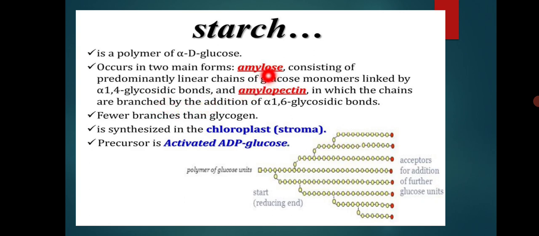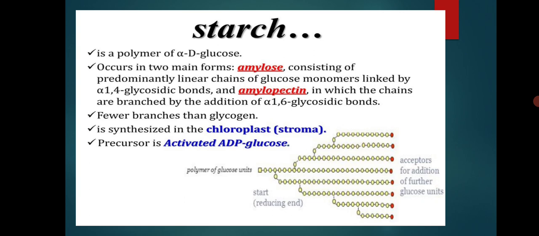तो amylose क्या है? It is the linear chain of glucose units, और वो glucose units alpha 1,4 glycosidic bond से bound हैं. And amylopectin क्या है? These are branched chains of glucose units linked by alpha 1,4 glycosidic bonds as well as alpha 1,6 glycosidic bonds. तो starch ये दो चीजों से बना है: first is amylose and second is amylopectin.